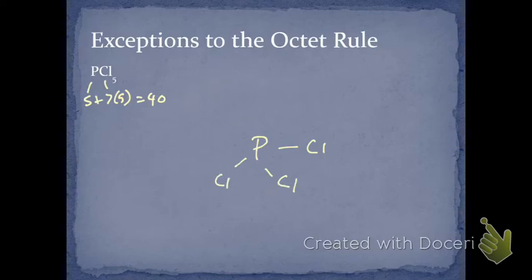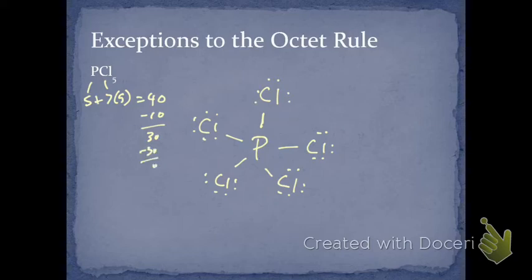I used up 10 on the bonds, which gives me 30. So 2, 4, 6, up to 30. I used up all 30. And so phosphorus actually has 10 valence electrons in this particular configuration.